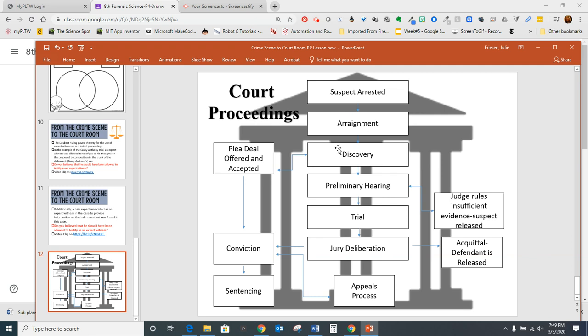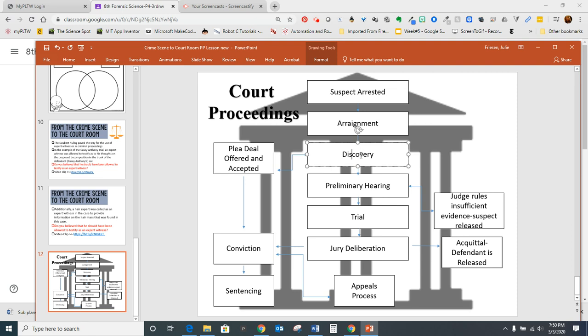Then after that, there's a discovery process where the lawyers are trying to figure out more about the case and gathering evidence. And at that time, the lawyers can plea a deal. And if it's offered and accepted, then the suspect may get convicted from just that plea deal and sentenced. So you can see how that just goes right down.